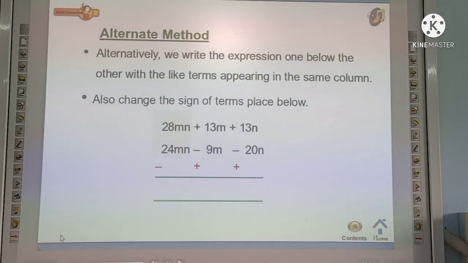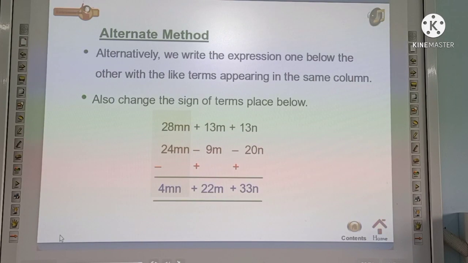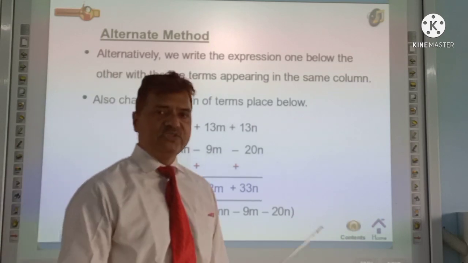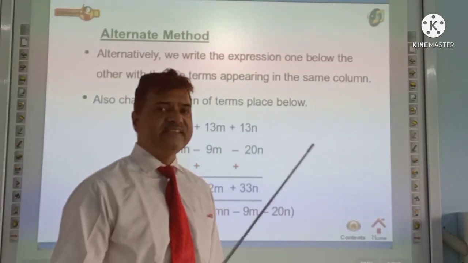Now we have 28mn minus 24mn, which is 4mn. 13m plus 9m, which is plus 22m, and 13n plus 20n, which is plus 33n. Therefore, the required difference is 4mn plus 22m plus 33n. This is the column method. You can use it. It is a very popular and easy method.